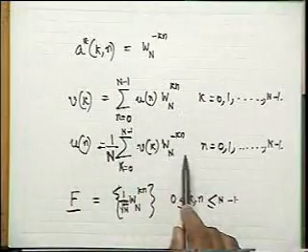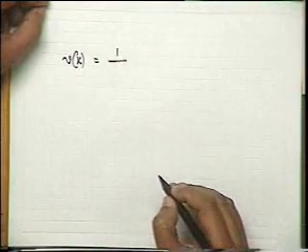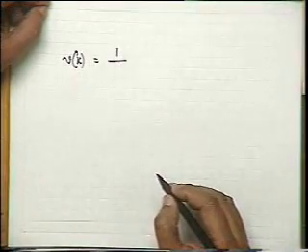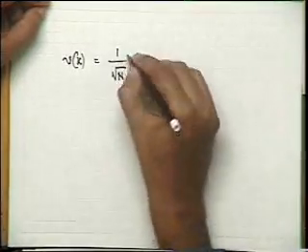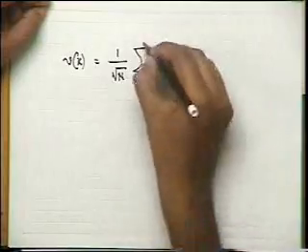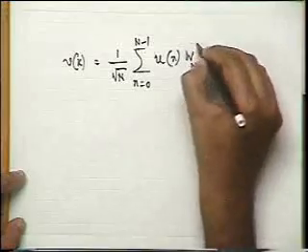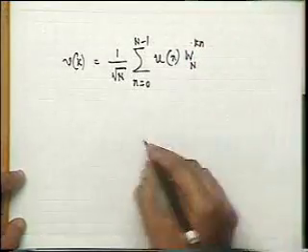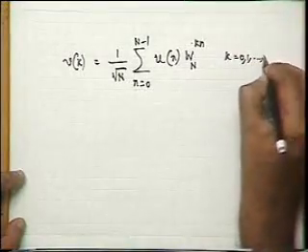I should not write it as Vk equal to this and Un equal to this. Rather, I should make Vk equals 1 upon, can anybody tell me what I should write in terms of unitary transformations? 1 upon square root of n summation n equal to 0 to capital N minus 1 un w to the base n raised to the power kn, and of course k equals 0, 1, etc., n minus 1.